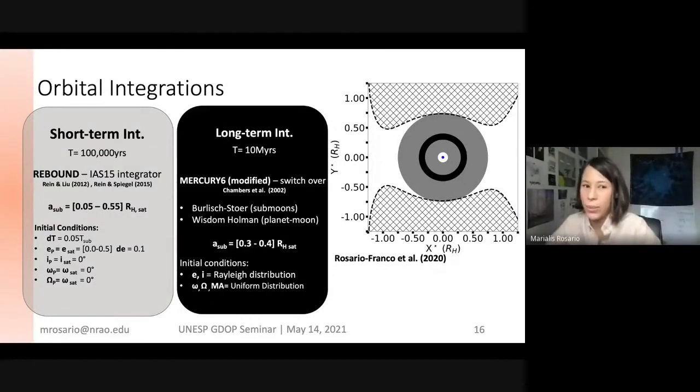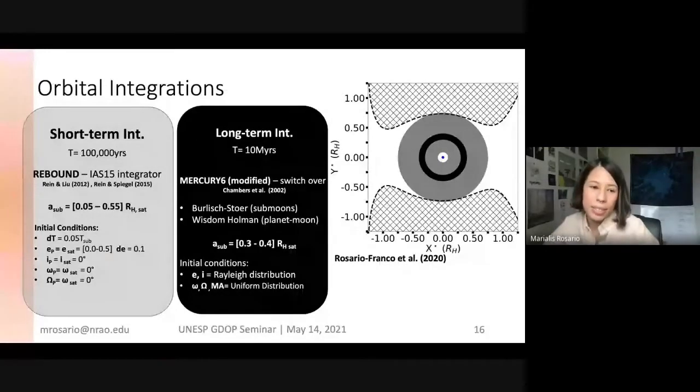We ran two sets of integrations: one set of short-term integrations and one set of long-term integrations. For the short term, we used REBOUND, particularly the IAS15 integrator. And we explore a region of the semi-major axis of 0.05 to 0.55 of the Hill radius of the satellite.